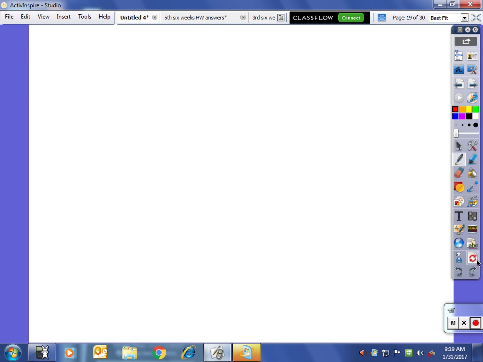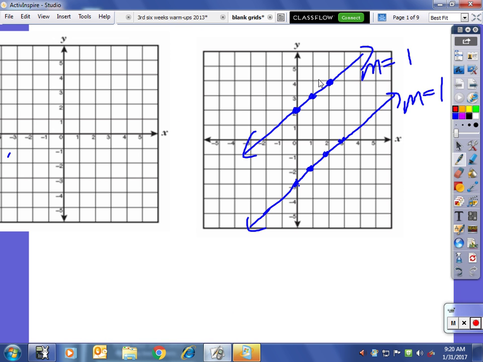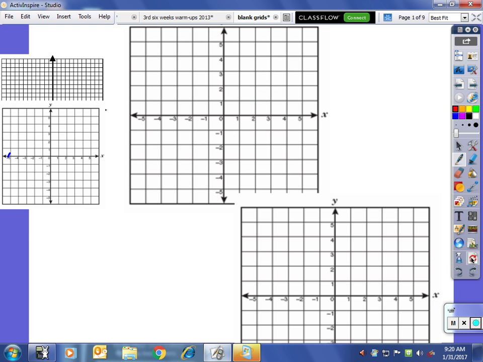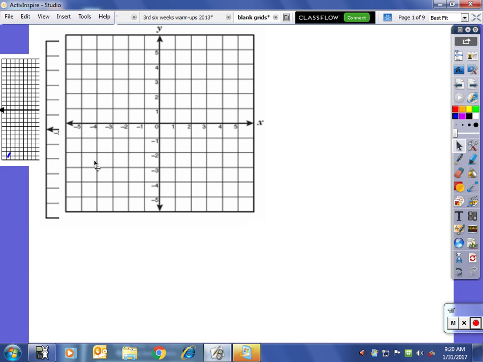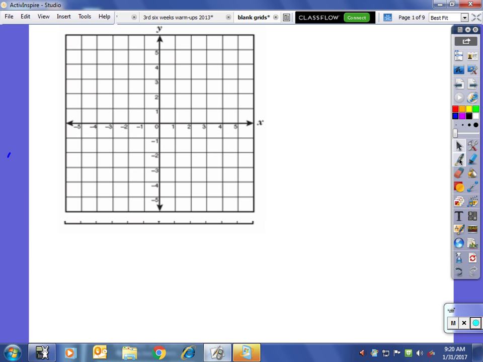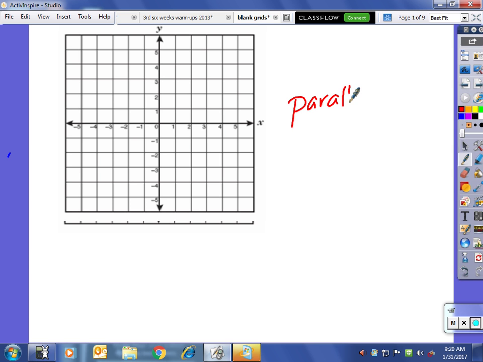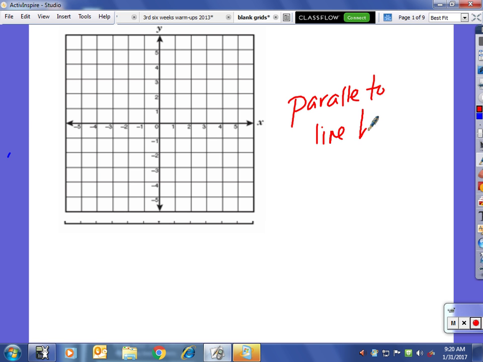Okay, here's yet another way they could do it. I am thinking of a line that is parallel to line H. Here's line H. Parallel to line H and goes through the point 3, negative 4.